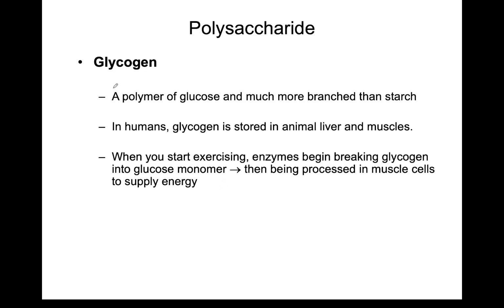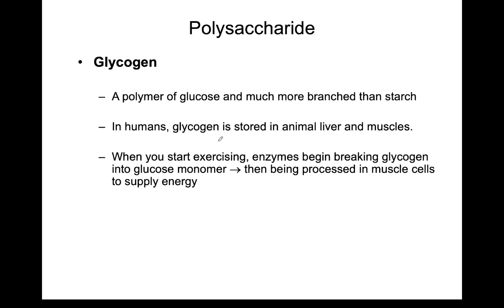Another kind of polysaccharide is glycogen, a polymer of glucose that is much more branched than starch. In humans, glycogen is stored in the liver and muscle. When you start exercising, enzymes begin breaking glycogen into glucose monomers.